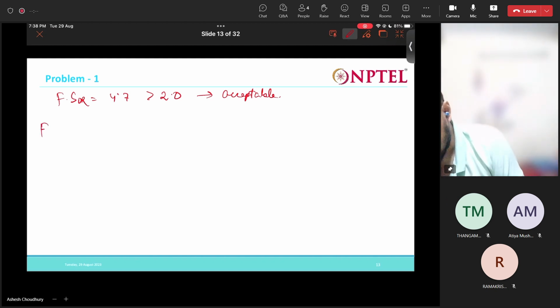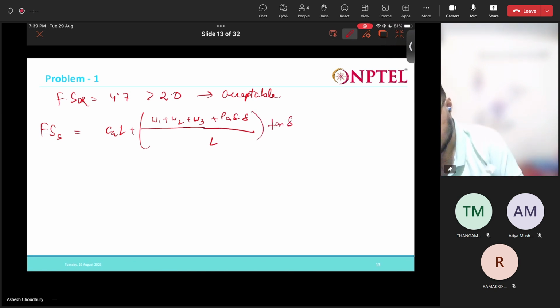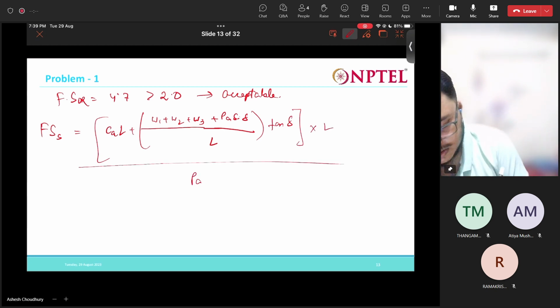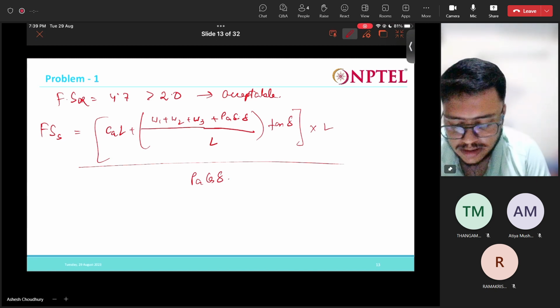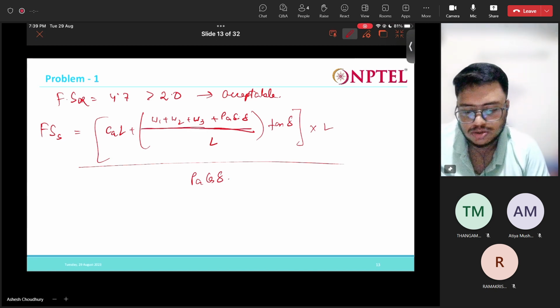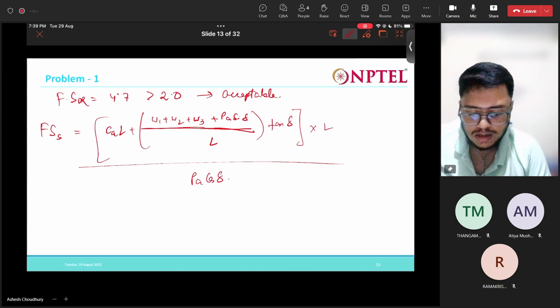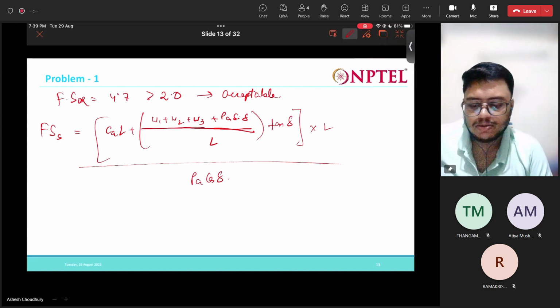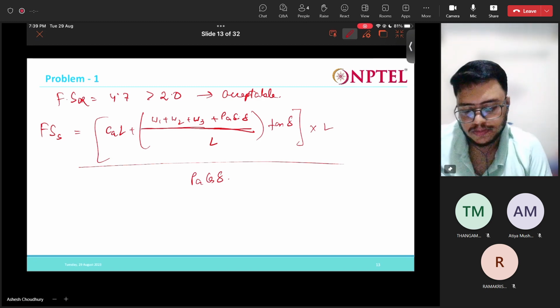Now, the sliding factor of safety. Same approach. Here we will be doing CA into L plus W1 plus W2 plus W3 into tan delta, into L. Here we are just averaging: W1, W2 in kilonewton, in load terms, divided by the length.